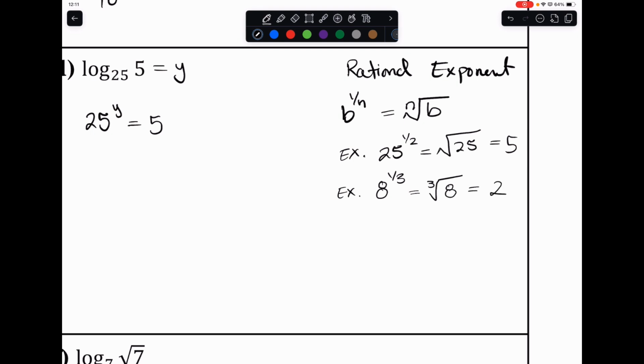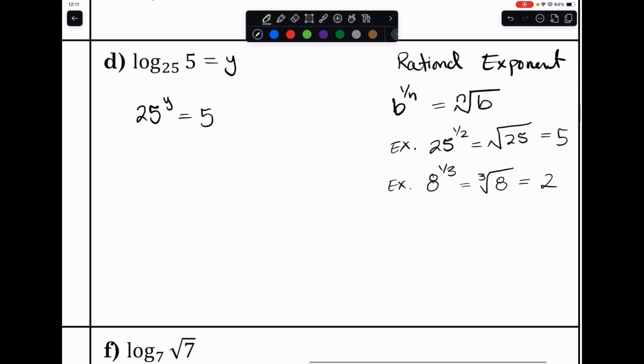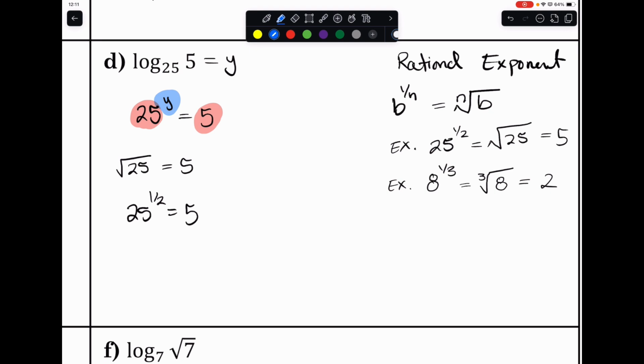So if I look at this example right here, the only way I can get this base of 25 to equal a smaller number is if I'm taking some type of root. Well, we already did it for you over here on the side. I am taking the square root of 25. That's the only way 25 can equal 5: if I take the square root of 25, which is equivalent to raising 25 to the 1/2 power. So that means that this exponent y, this unknown value of y, has to be the fraction 1/2.